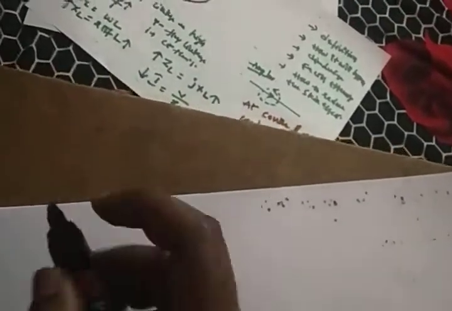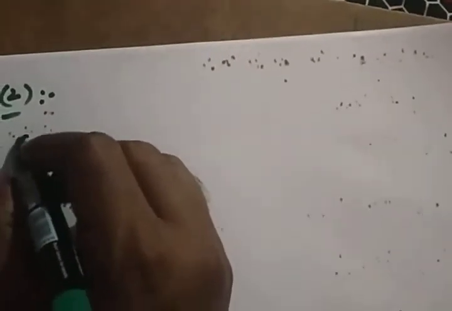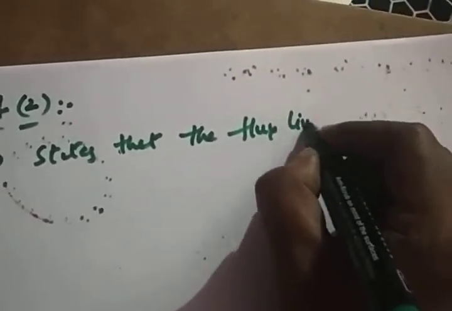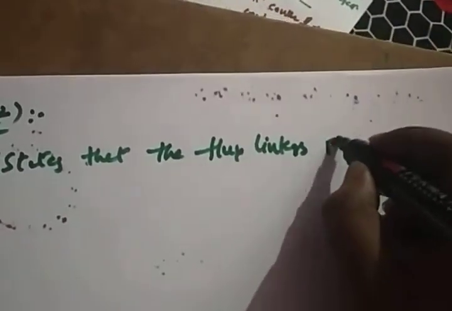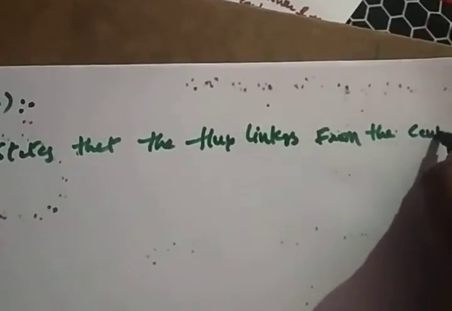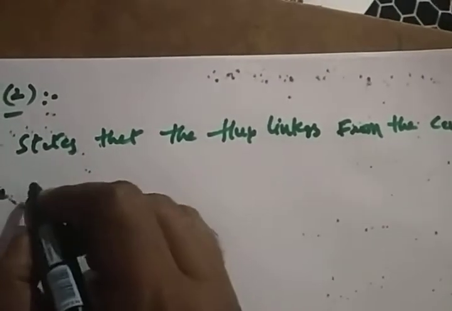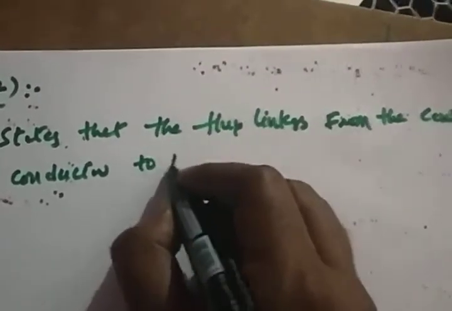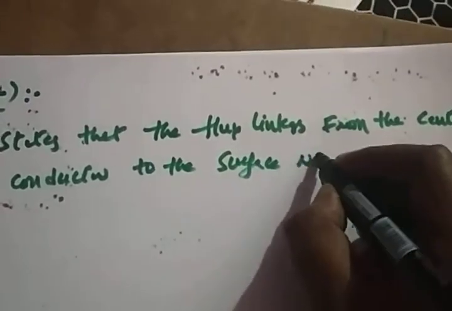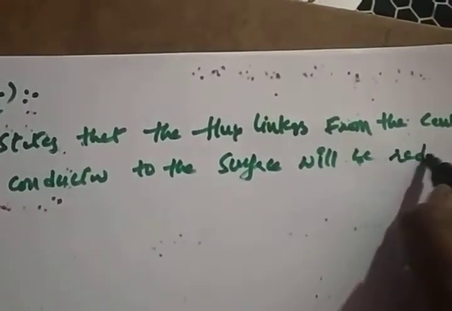Definition 2: the phenomenon states that the flux linkages from the center of the conductor to the surface will be reducing.